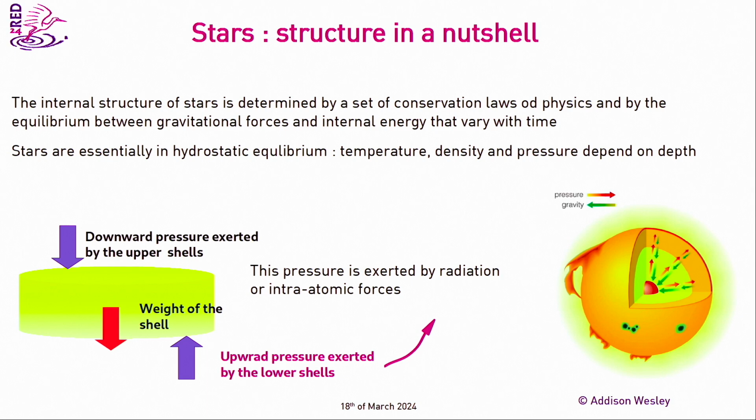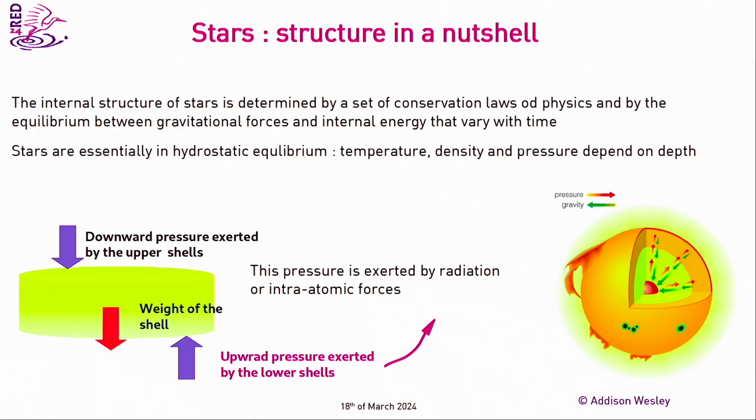And so these stars are essentially in what we call hydrostatic equilibrium, which means that when you solve the momentum equation, the velocity of the plasma equation, temperature, density, and pressure depend on depth, just like when you go down in the sea or in a pool. You can really measure this stratification.